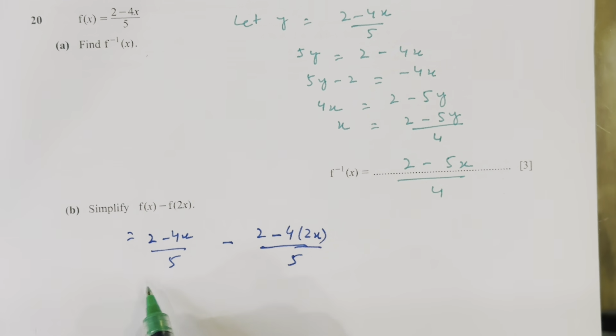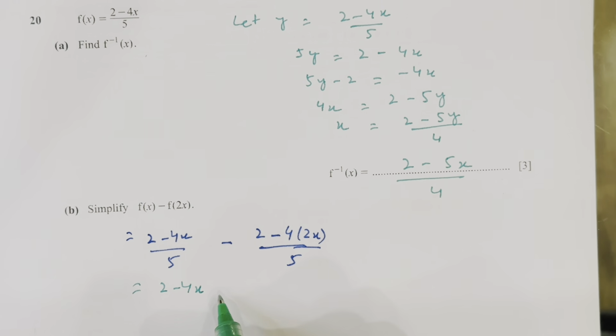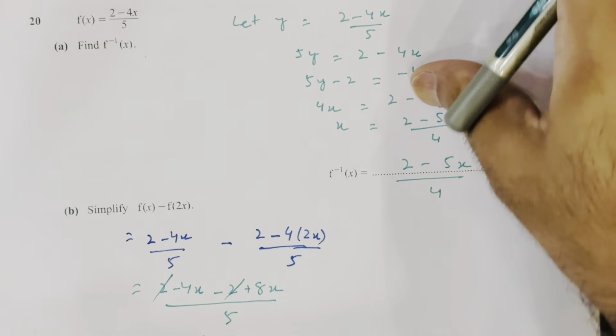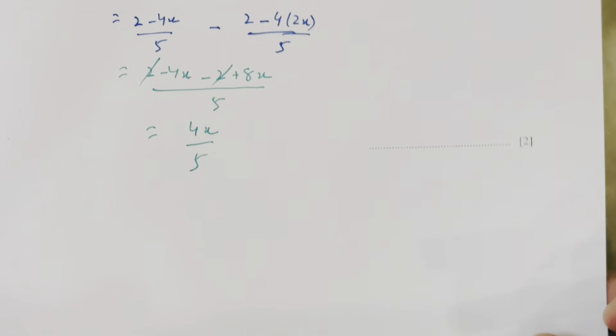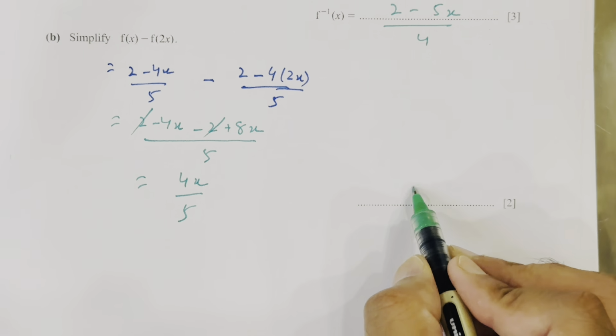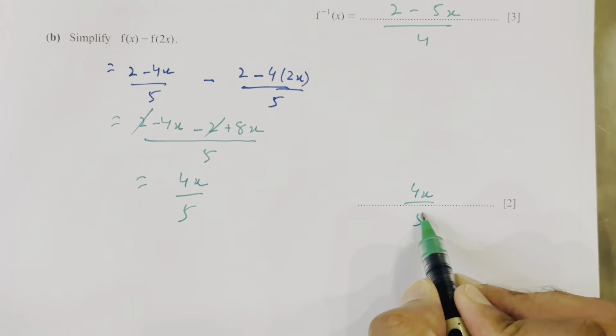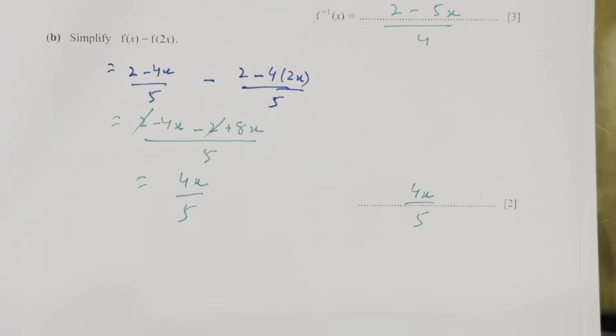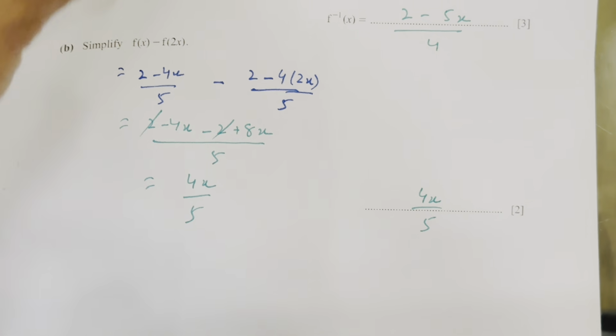I'm going to solve it: 2 minus 4x minus 2 plus 8x over 5. You're going to cancel 2 by 2. 8x minus 4x, it would be 4x over 5. Now you can see the answer. 4x over 5 is our answer. So that was question number 20.